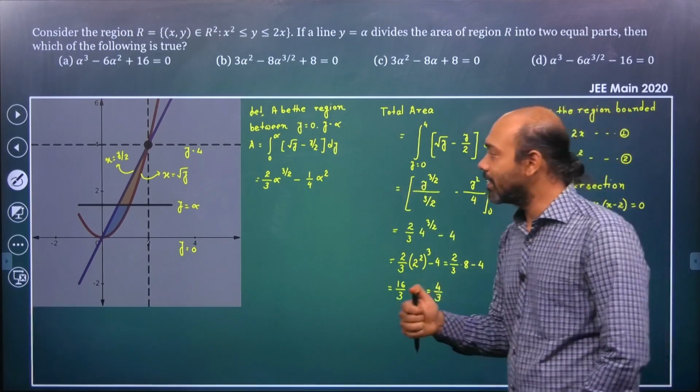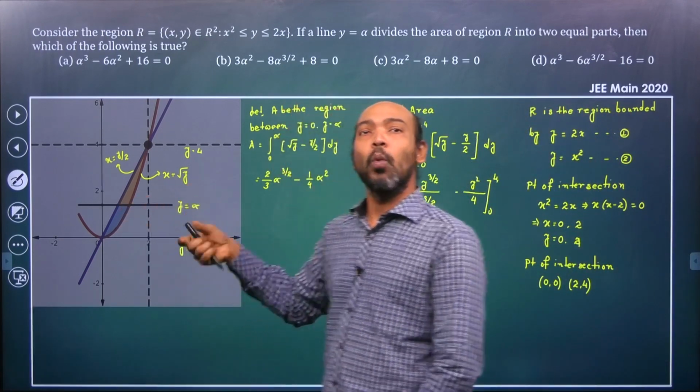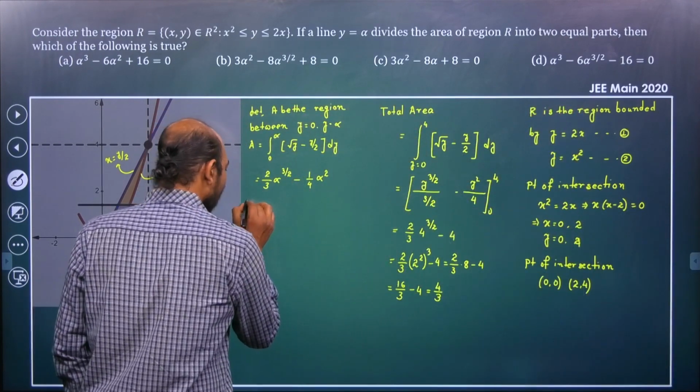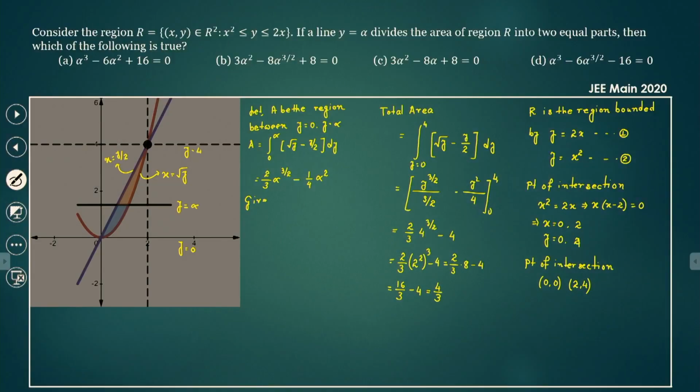Now what is given? It's given that this A is equal to 1 by 2 of the total region. So by the given condition, I can consider the total region as R, and A is equal to 1 by 2 times R. That implies that 2 by 3 alpha to the power 3 by 2 minus 1 by 4 alpha square is equal to 1 by 2 into 4 by 3, which gives 2 by 3.